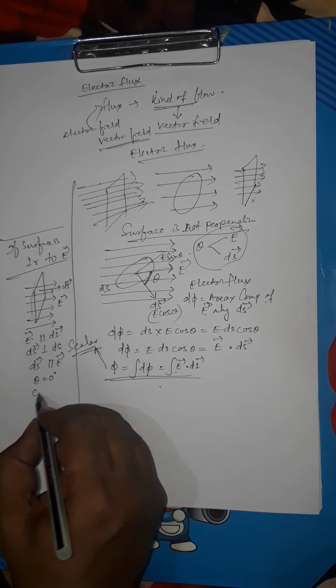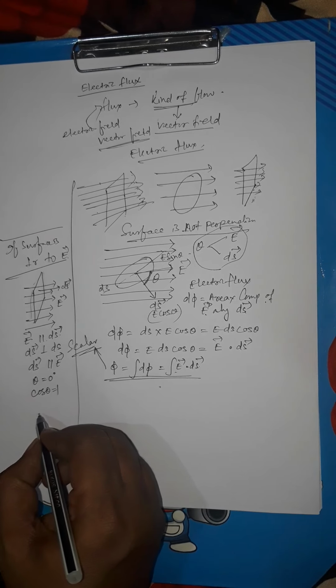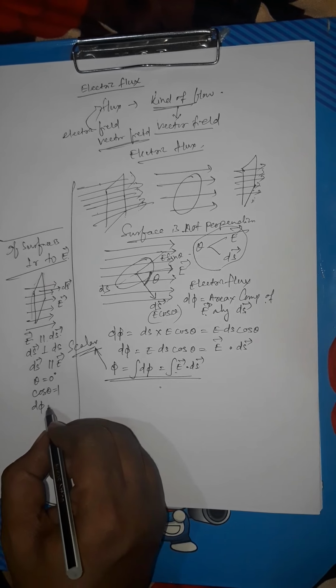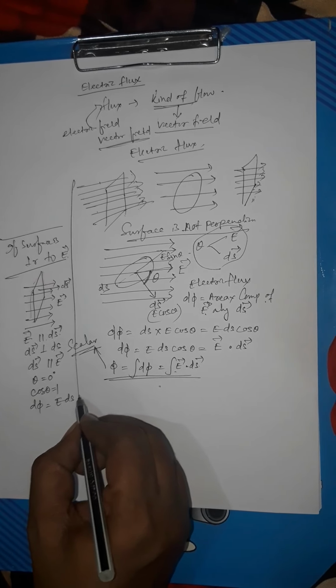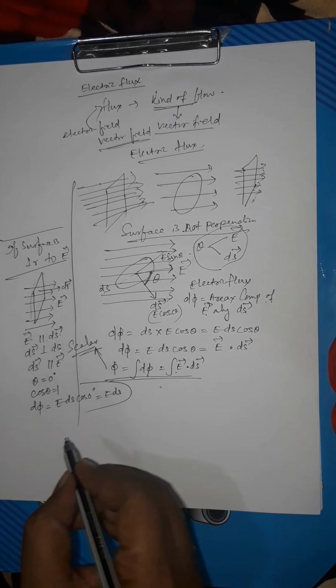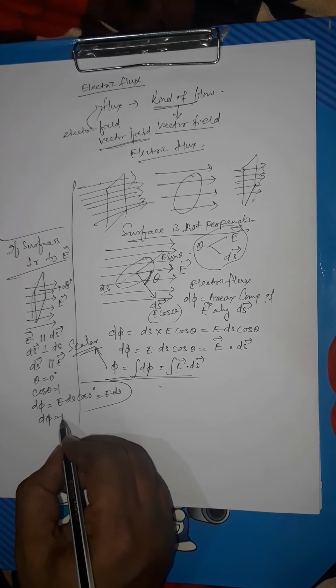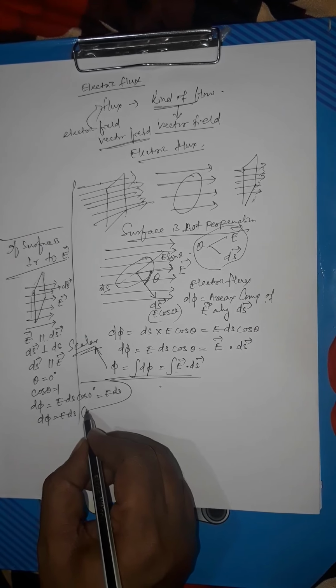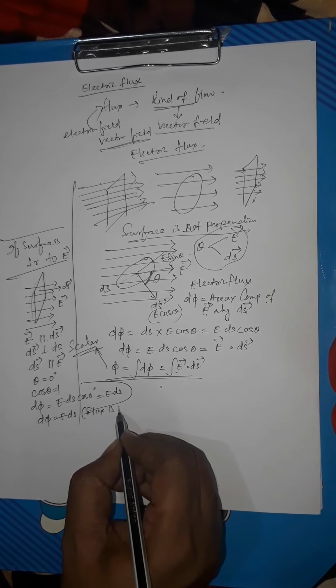Now if theta is 0, cos theta is equal to 1, and d phi is equal to E ds cos 0 degrees, or d phi is equal to E ds, which is your flux is maximum.